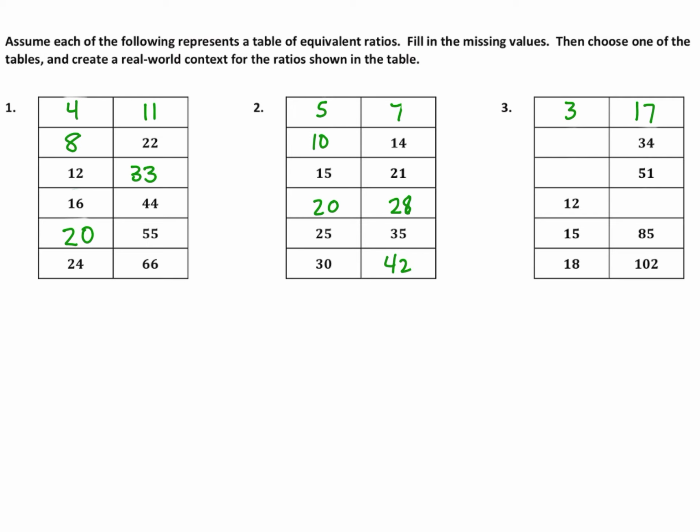How might I get from 17 to 34? Well, 17 times 2 is 34, and 3 times 2 would be 6.